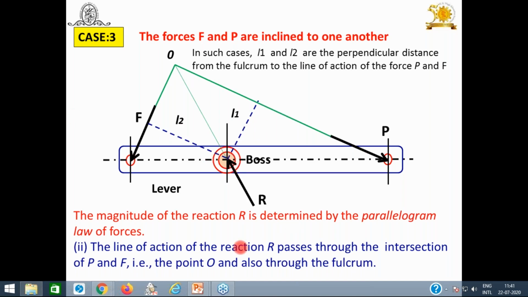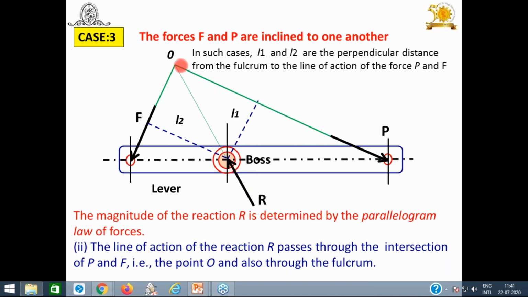This is one thing. Then the second thing: at the pivot you have to find out the reaction. Because of these forces, you will not get the reaction from the bottom side. It may be at some inclination. And how to determine this reaction R, this is the important thing. The reaction R is determined using the law of parallelogram. If you extend force F and you extend the effort P, they are going to intersect at point O, and you will get the reaction R here.